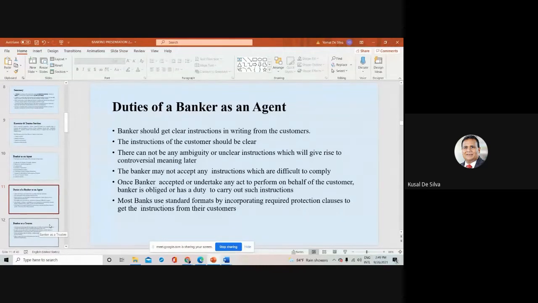If you challenge it later, the bank will come and tell you, you have agreed to this clause, you have agreed to this term, and then you can't do anything. Later you can't say it's unfair, or that you signed under undue influence or duress, or whatever.